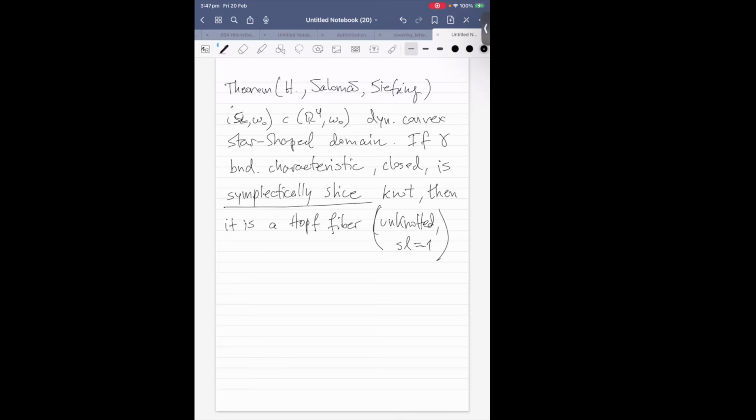So that's one restriction that dynamical convexity imposes on the knot types. Symplectically slice knots which are not Hopf fibers are not allowed.